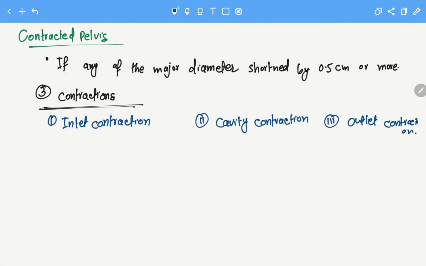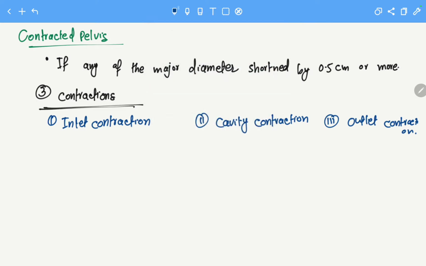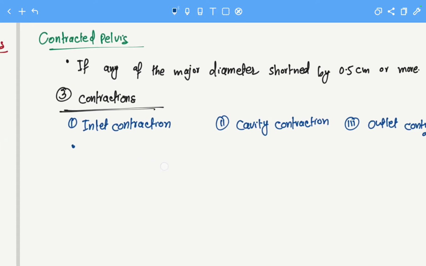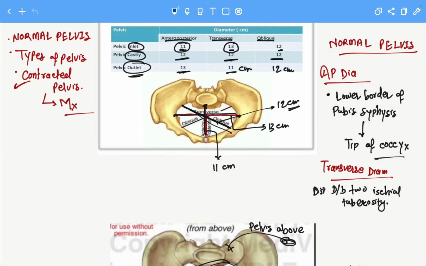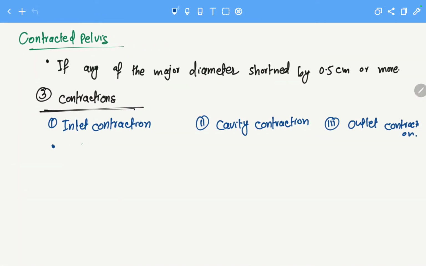Okay, outlet contraction. So in case of inlet contraction, the AP diameter, or any of the major diameters, either AP diameter, transverse diameter or oblique diameter, would be shortened by more than or equal to 0.5 सेंटीमीटर. ओके, इससे भी ज़्यादा अगर कम हो जाता है तो that would be the case of inlet contraction.